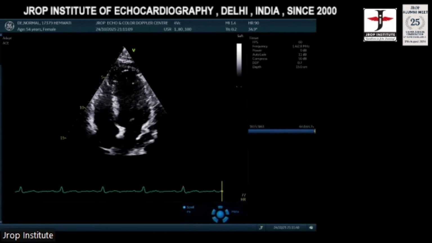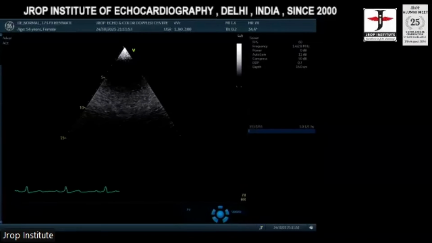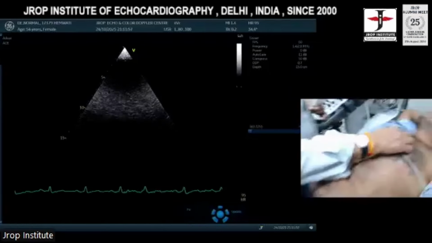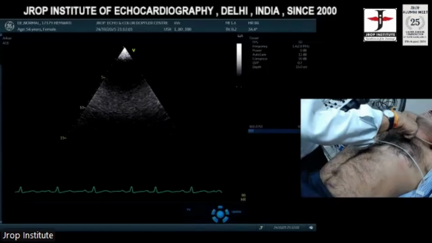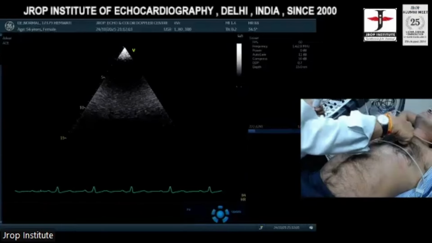Sir, in the suprasternal view, you said when we focus towards 1 o'clock, we can see the descending aorta. Can we also focus on the arch, sir? 100%. Look, it's very simple. Look at the screen. My aorta arises from here, goes up, then dips posteriorly.